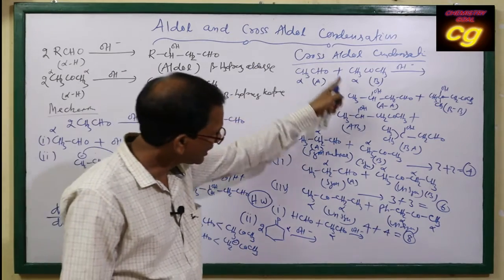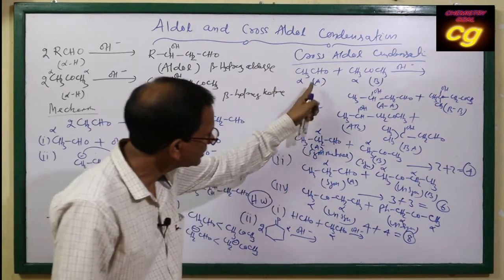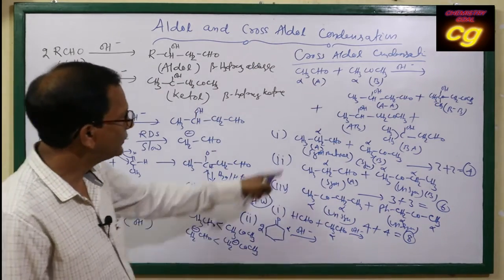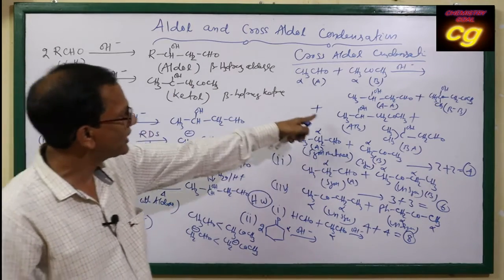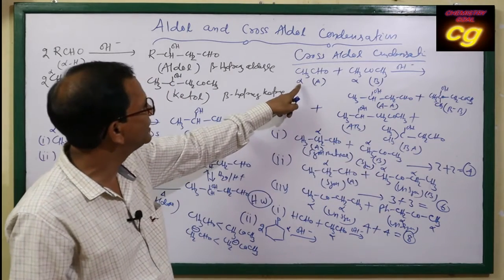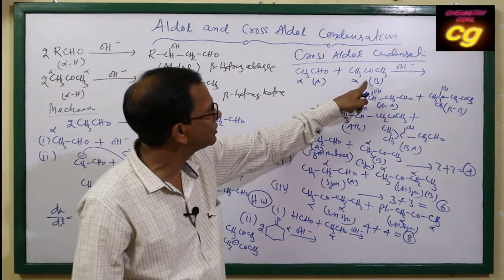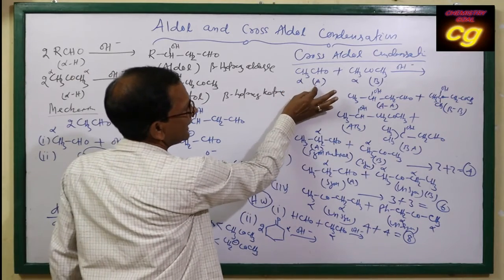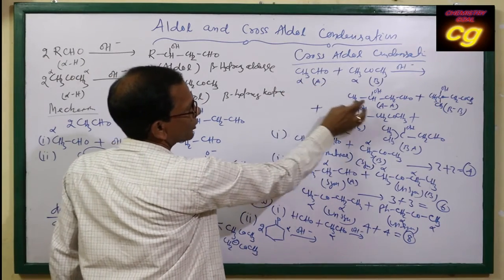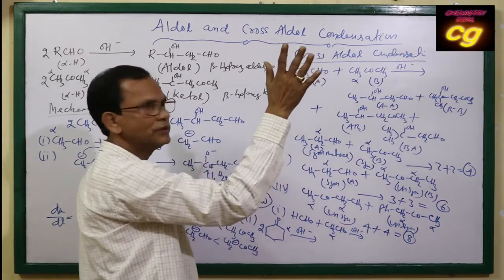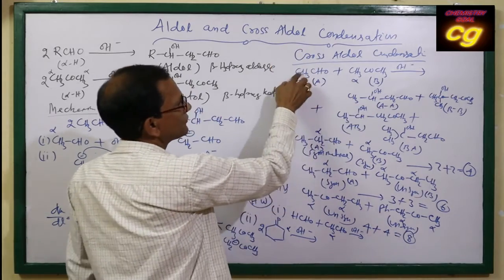So what are the side products, what are the possible products you practice? If you see here, for example, I have already given one example, that is the acetaldehyde and acetone combination. When acetaldehyde is combined, the product is like this, as per the loss of hydrogen.